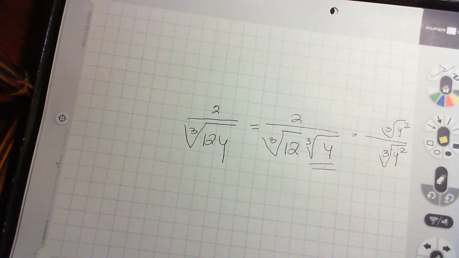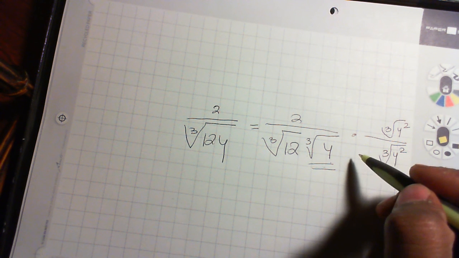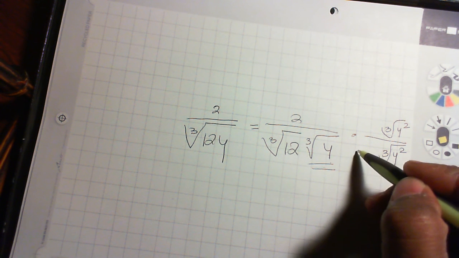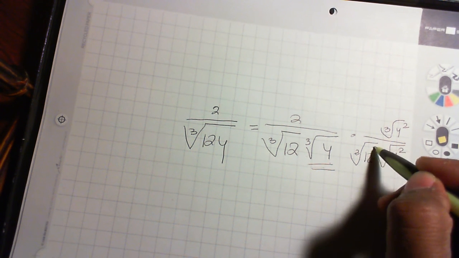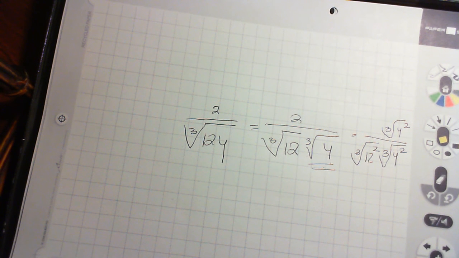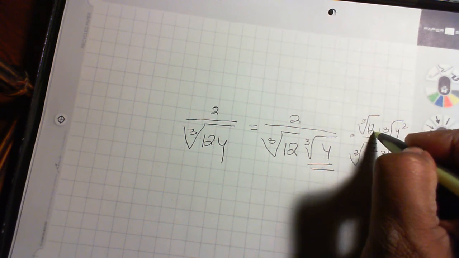Now there's a couple of ways to do this. Okay, let's do it the hard way. I'm trying to make this as simple as I can for you. So let's multiply by the cube root of 12 squared. Although that's not the simplest way, that would work.